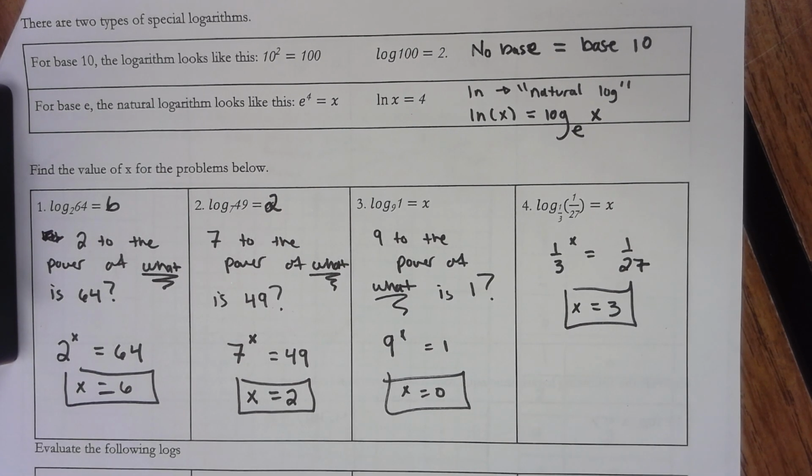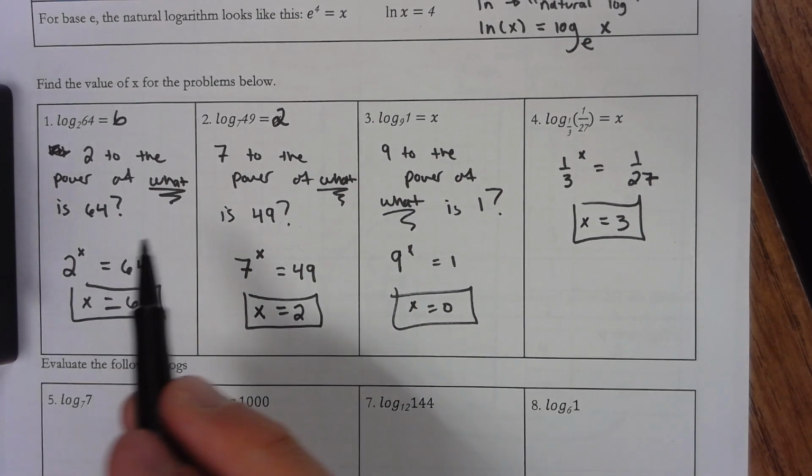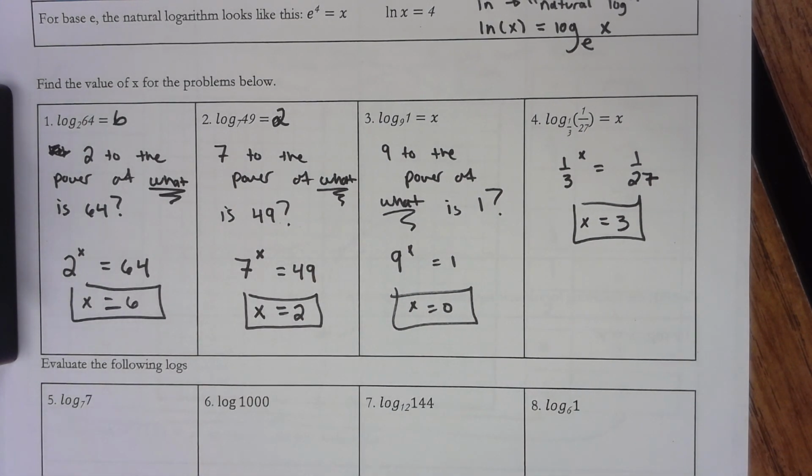So 1/3 to the power of 3 is 1/27th. Any questions with how I'm thinking about evaluating these logs or any of the conversions into the corresponding exponential?